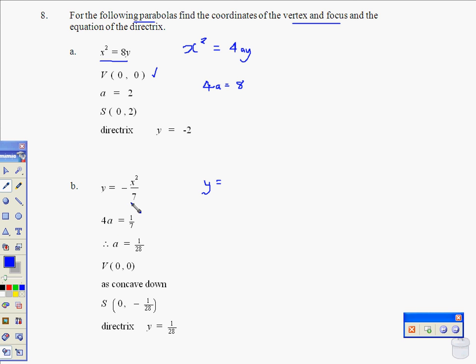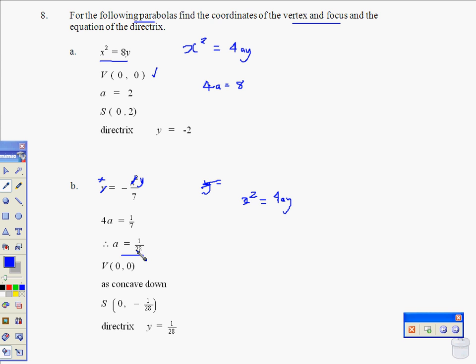Actually, there's a bit of a problem here because we've made an error in this case. This should actually be x squared is equal to y on 7. If you change that, we can see that it's in the form x squared is equal to 4ay, so 4a is equal to 1/7. We divide by 4 there, which gives us a focal length of 1 on 28.